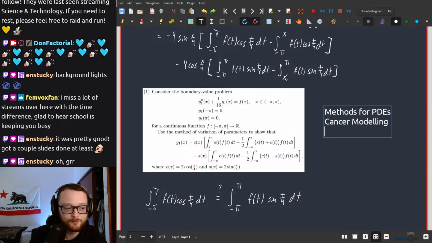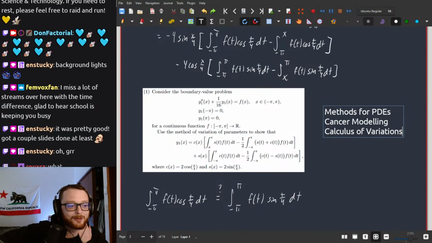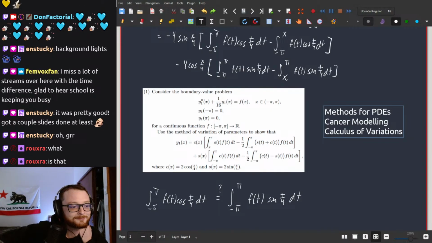And then the last class is going to be calculus of variations, which I'm more thinking because I didn't like the other options that much. That class could go a lot of different ways. It's really advanced calculus.